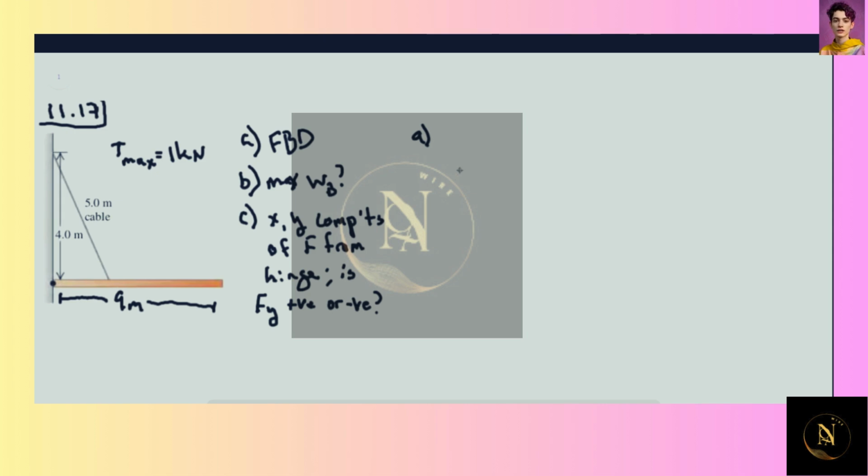So to begin with, draw our free body diagram. So we have our beam. Halfway along it, the weight will be acting. A bit to the left of that will be the tension in the cable, which has its x and y components.